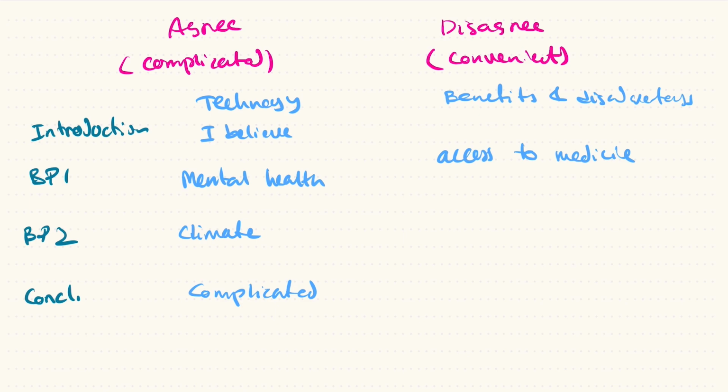And on body paragraph 2, you can talk about the internet, for example. Internet made access to information, access to knowledge very convenient. Everyone on their devices can seek and find information. And again, that's enough. You can bring a third argument for the technology as well.